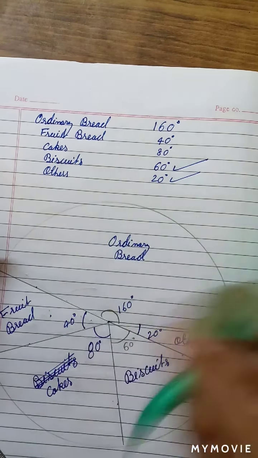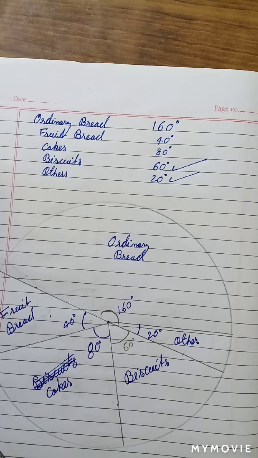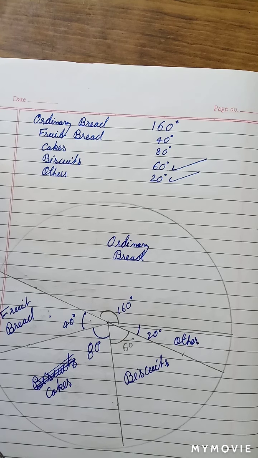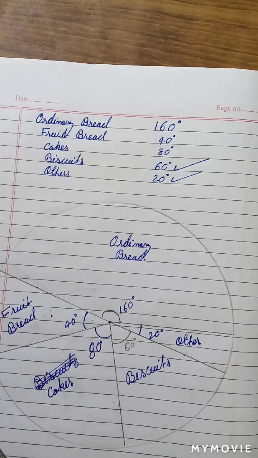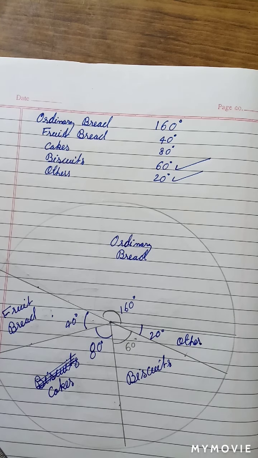Well, this is our circle, and now this has been divided into different sectors representing the sale made by different products. Now, in this case, how is this pie chart going to help him?